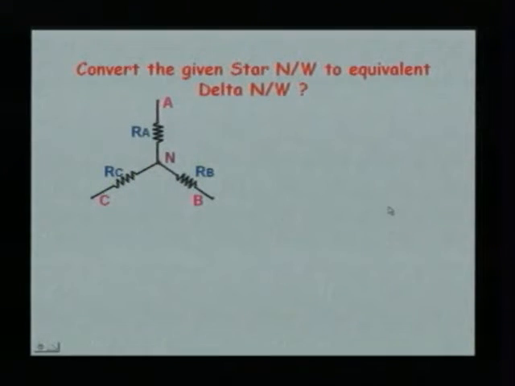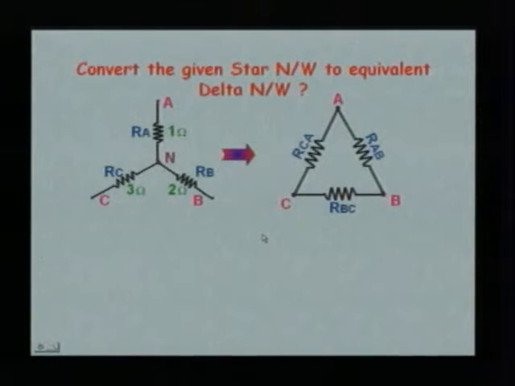Convert the given star network to an equivalent delta network. For the star with RA, RB and RC having resistances 1, 2 and 3, we are supposed to find the equivalent delta network.